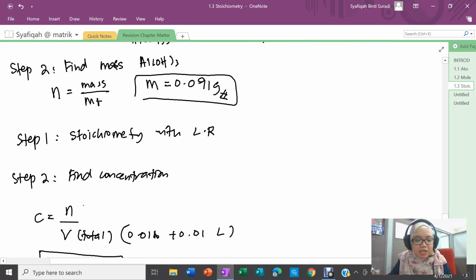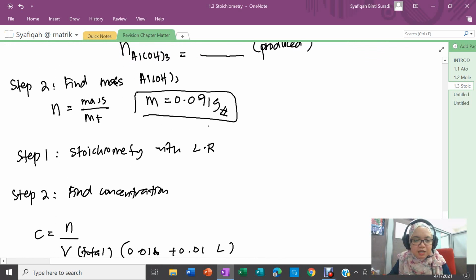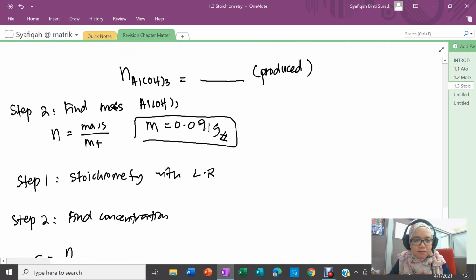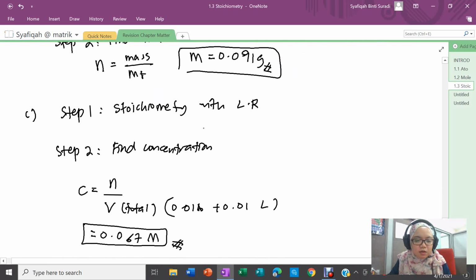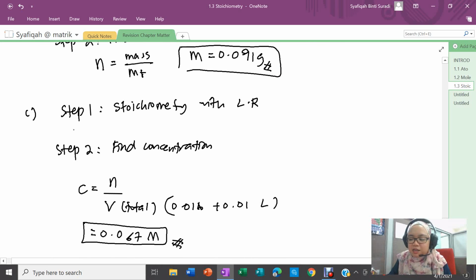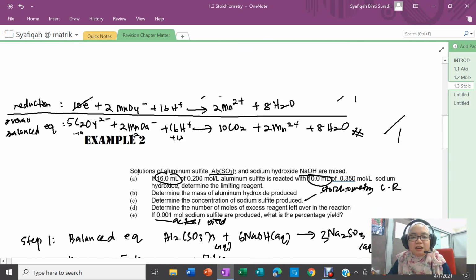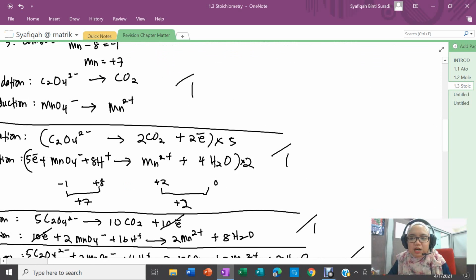Bila kita cari concentration tadi ni, soalan C tadi kan? Soalan C dia suruh cari concentration of sodium sulfide kan? Kan kita dah dapat kat sini number of mole tadi ni kan? Kita boleh cari dah percentage yield dengan mudah.